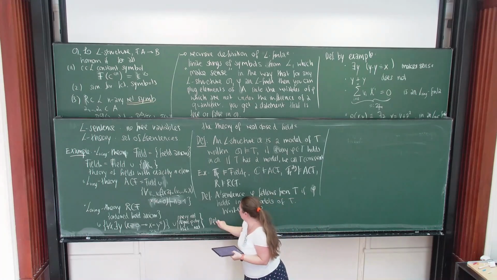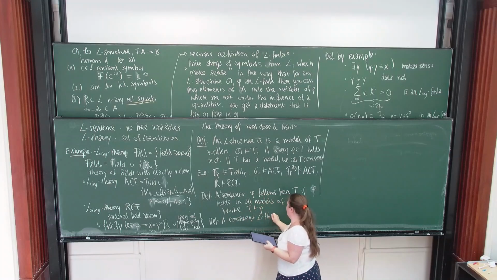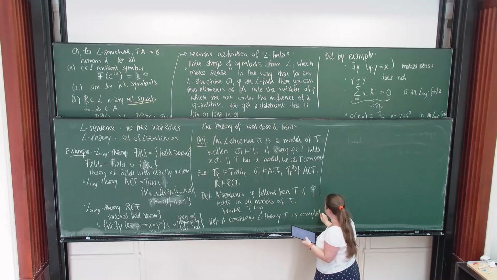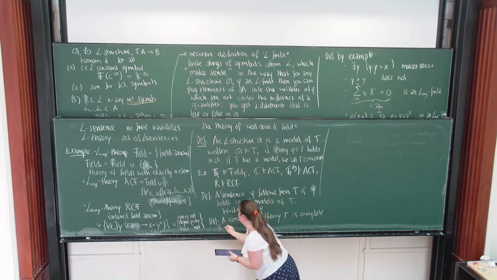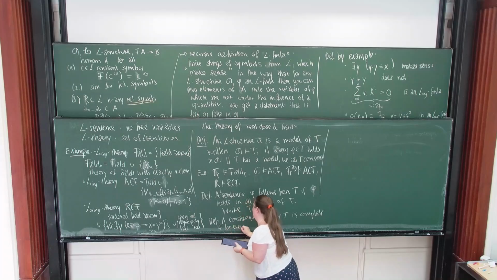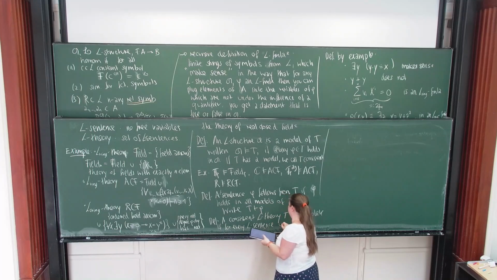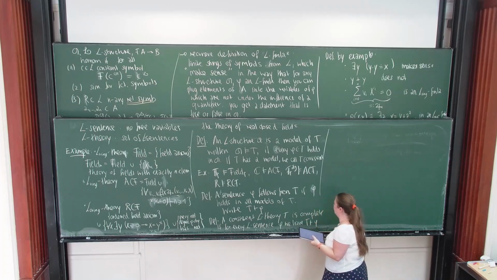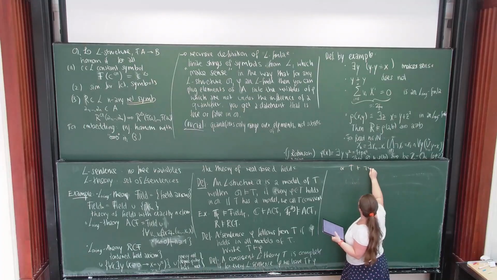And now what's complete? A consistent L theory T is called complete if it entails every sentence or its negation. That is, if for every L sentence phi we have T entails phi or T entails not phi.